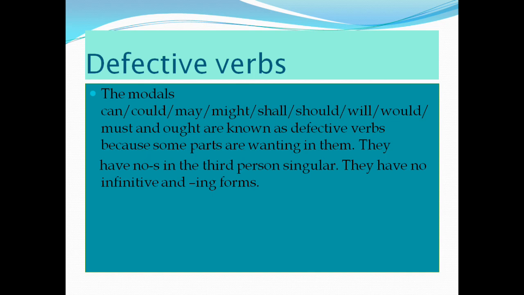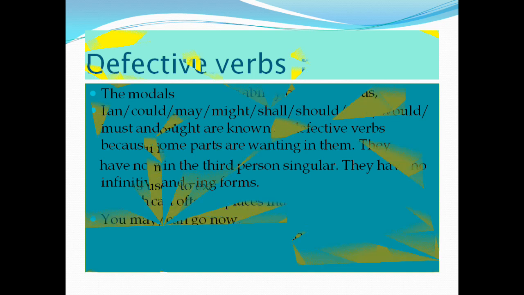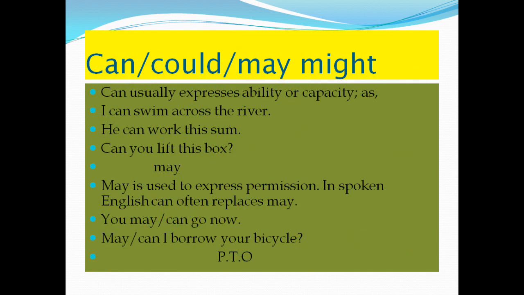Now let us discuss them one by one. On the screen, we have four auxiliaries: can, could, may, might. Let us take can. It usually expresses ability or capacity, as in I can swim across the river. It means I have the capability to swim across the river.